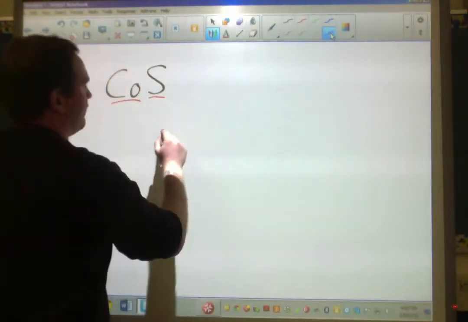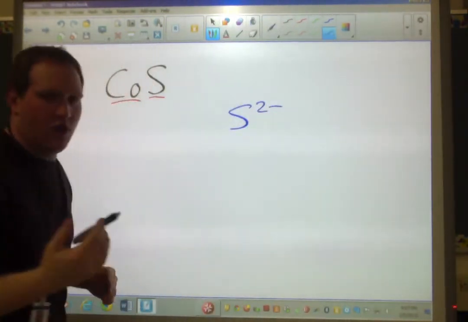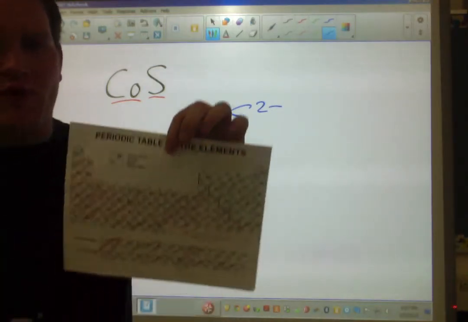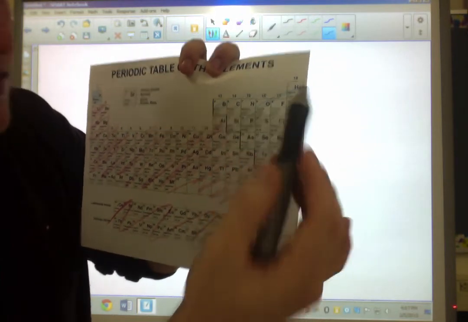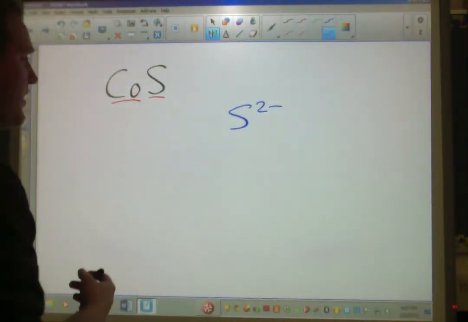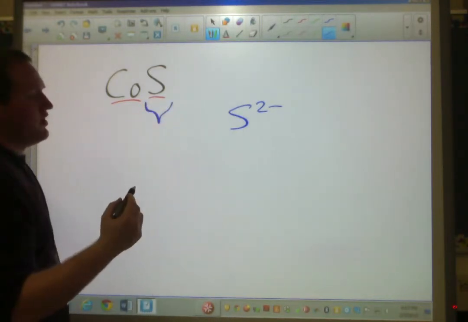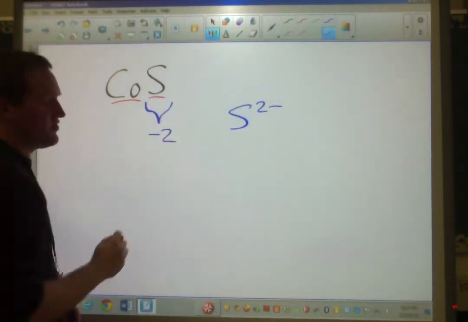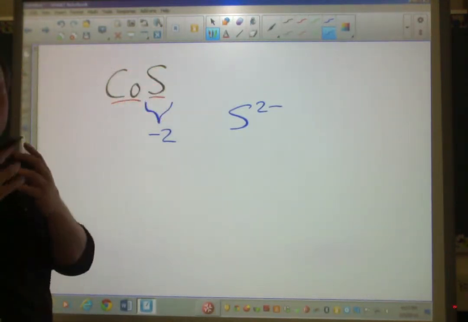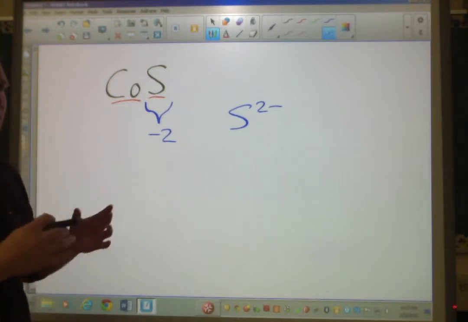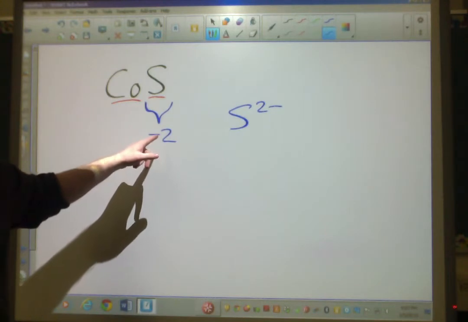So I know that sulfur forms an ion of S2-, always. And again, you find that out by looking at your periodic table. Here's sulfur. It has 6 valence electrons. It wants to gain 2 more. So it has a charge of 2 minus. So if there's one sulfur ion, that contributes -2 to the formula. Now remember, by being in an ionic formula, it is balanced. You can't have an ionic formula with a charge. This is neutral. But I'm saying the sulfur contributes -2 to the formula.